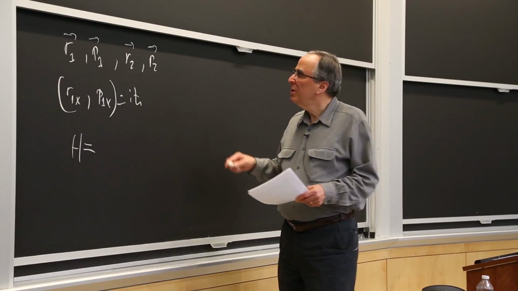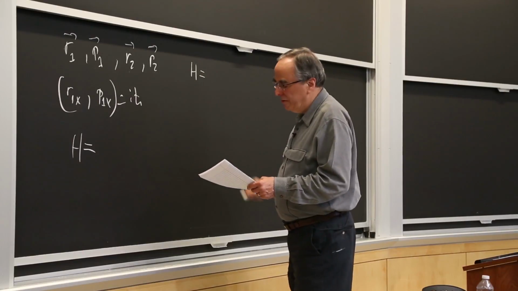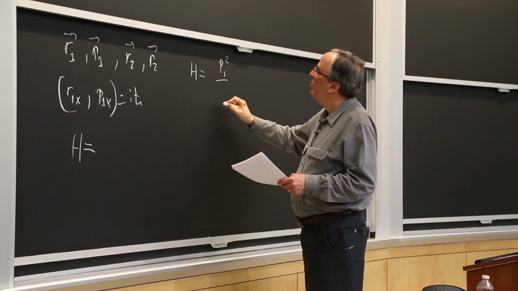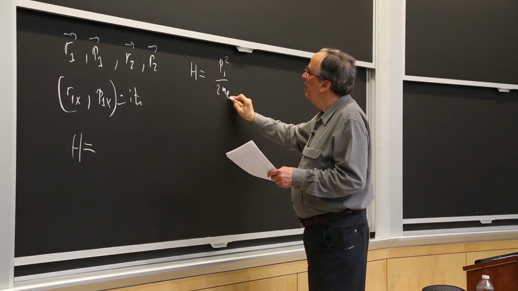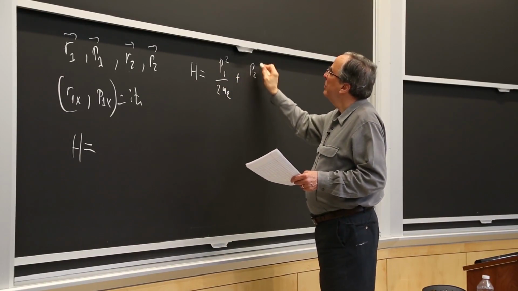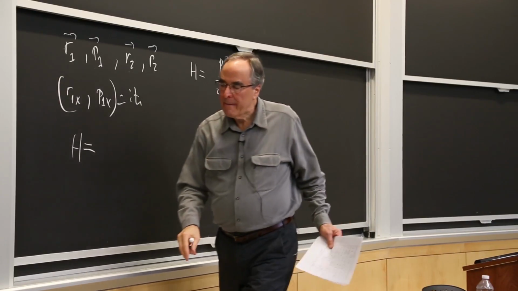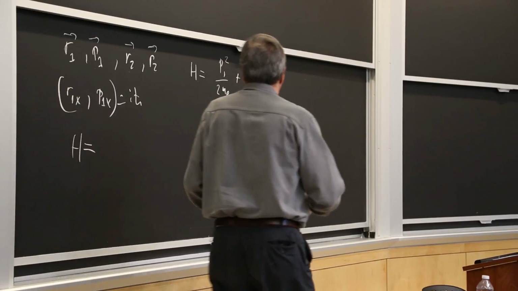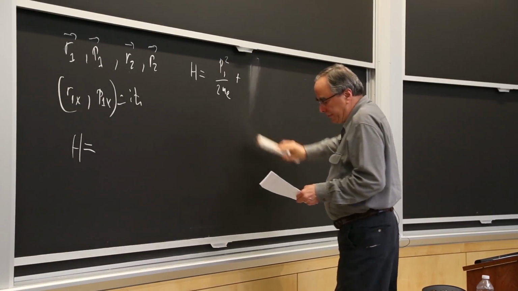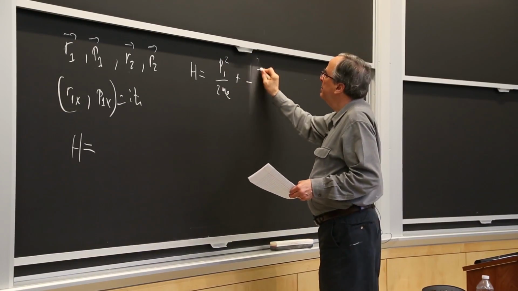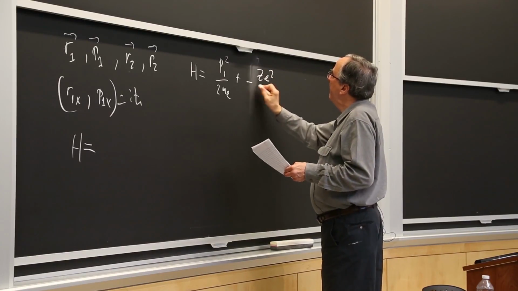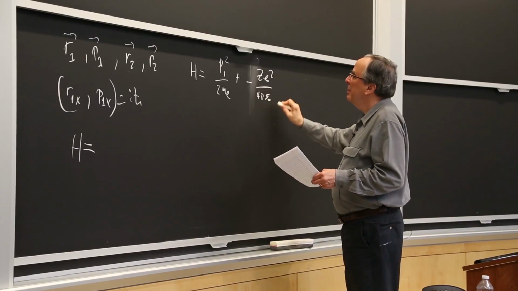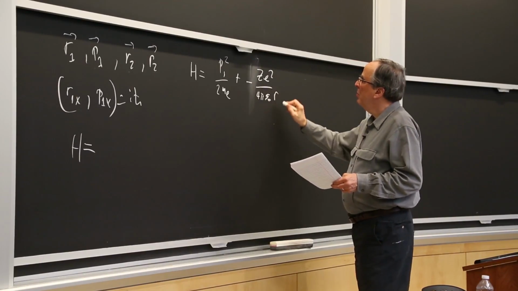And so if we write the Hamiltonian for helium, we have p squared for particle 1 over 2 m_e minus Z e squared over 4 pi epsilon 0 r 1.